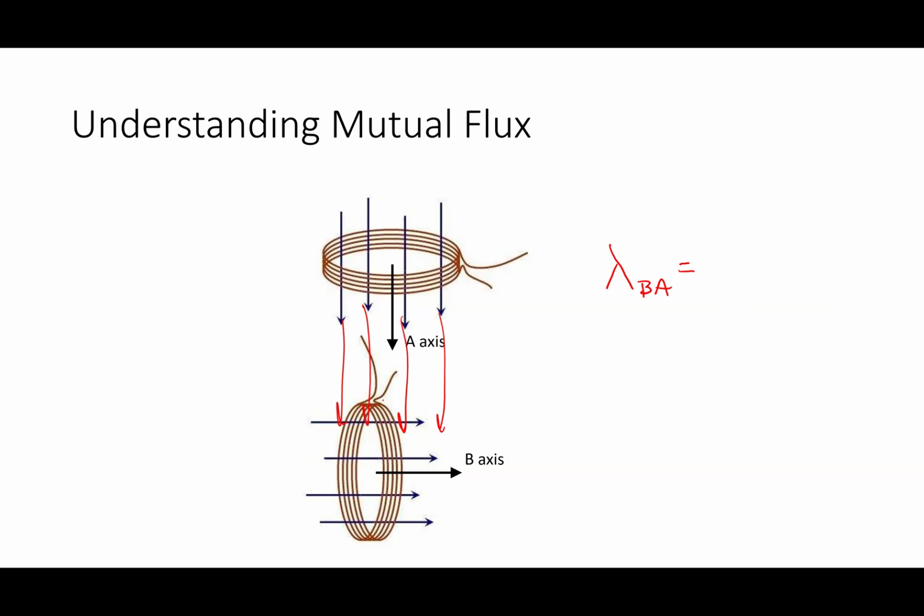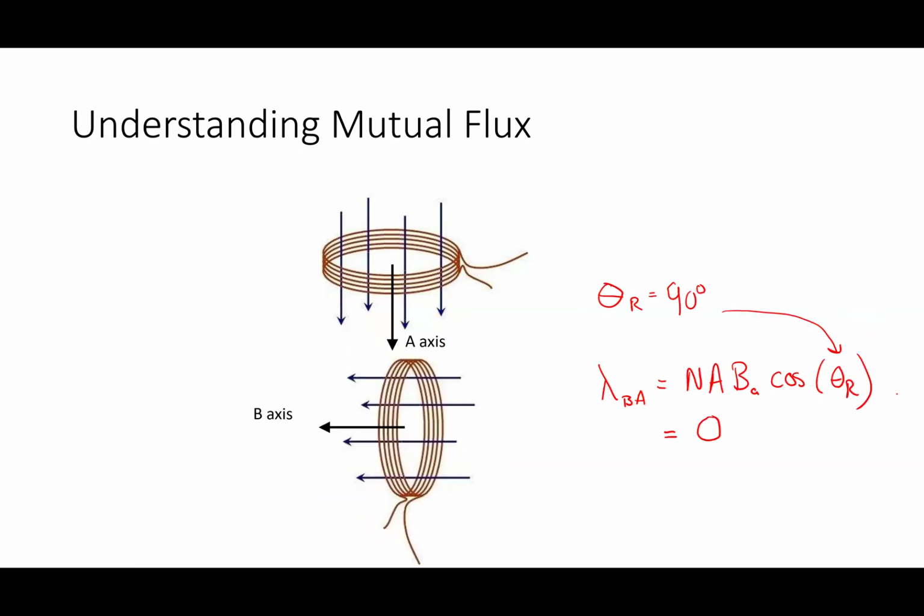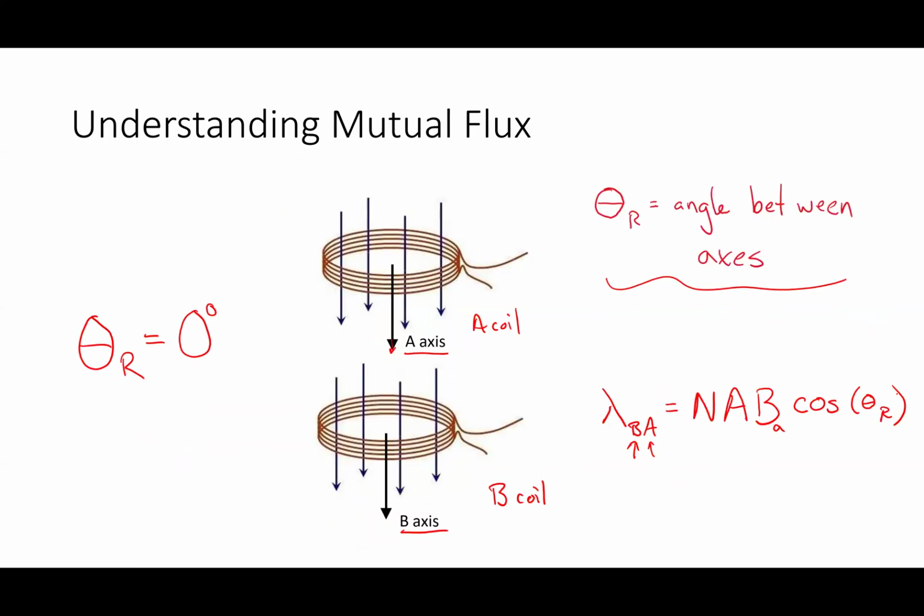Zero, right? And in this particular case, it's essentially N times A times B times the cosine of theta R, where theta R is 270 degrees. So that is essentially the way this works.